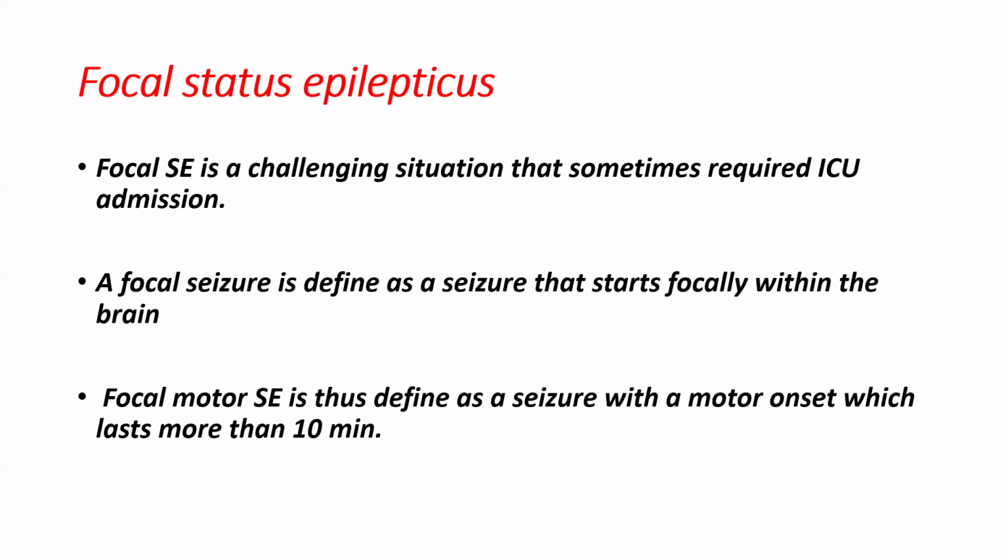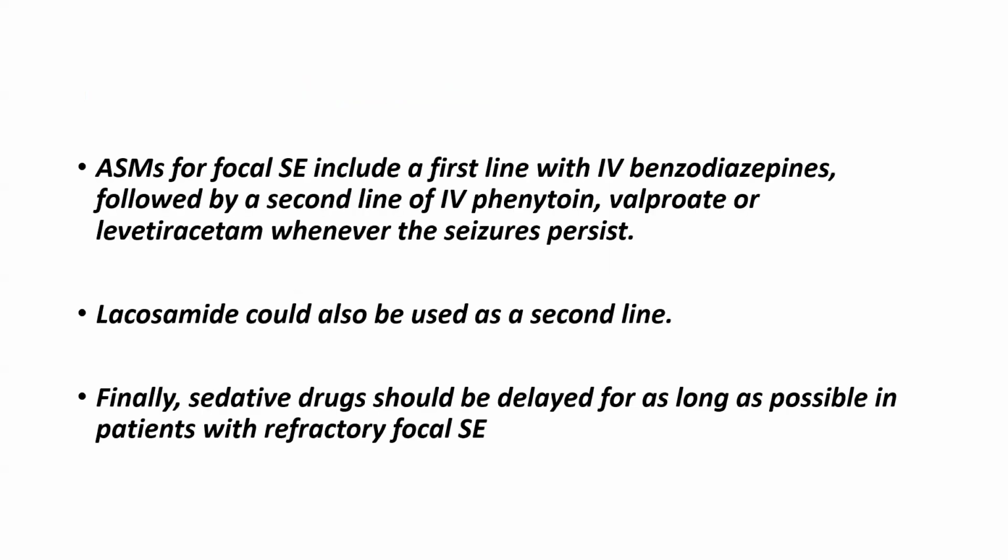Now, about focal status epilepticus. Focal status epilepticus is a seizure that starts focally within the brain, and it is an equally emergent clinical situation. It happens with motor onset, but there won't be any loss of consciousness. To label it as status epilepticus, that motor activity should persist for more than 10 minutes.